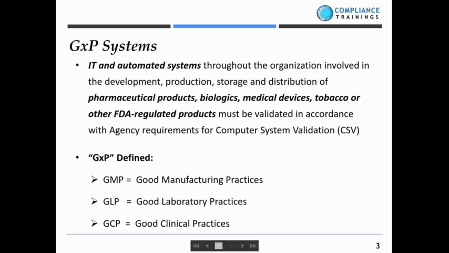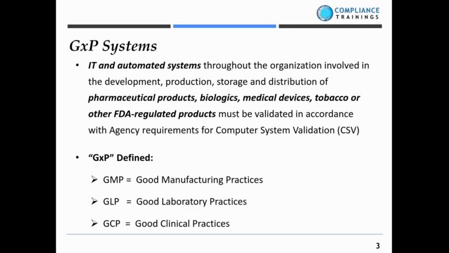So by GXP systems, we're talking about IT and automated systems. That means an IT system being an application or something that runs on a desktop or a laptop or a mobile device, and automated systems, those that are automatically controlling manufacturing equipment or laboratory systems, instruments, or monitoring for rooms or any other type of direct automation of a piece of equipment.